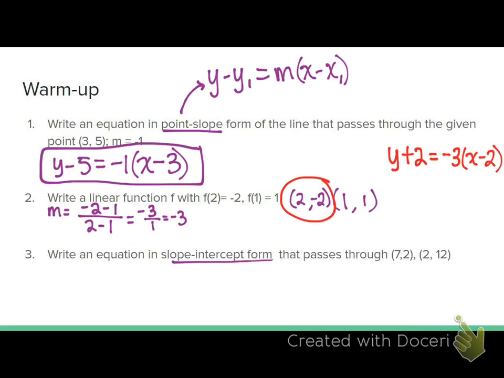What's your question? How did you get the -3 and the -2? -3 was our slope. That's m. We just calculated it. And this -2? The formula always says subtract x1. So we subtracted 2.